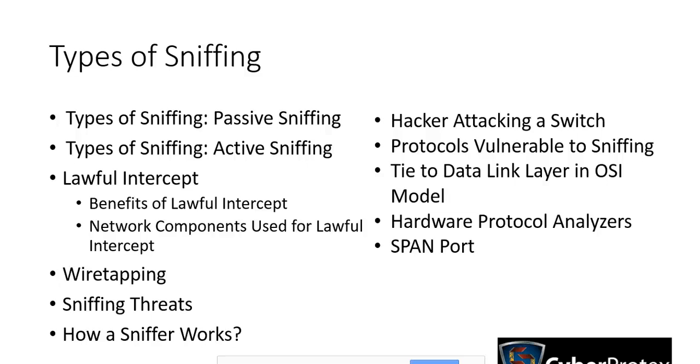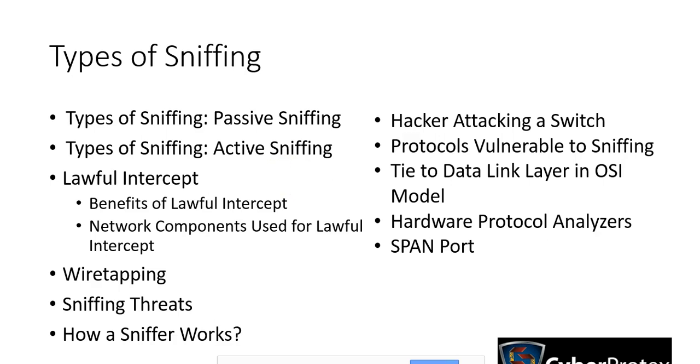So we have two different types here, and you can see up here on the screen there's a passive sniff and an active sniff. Passive is usually when you're just listening and capturing traffic. It's useful whenever the network is connected by hubs or repeaters or anything that just replicates data on the network.